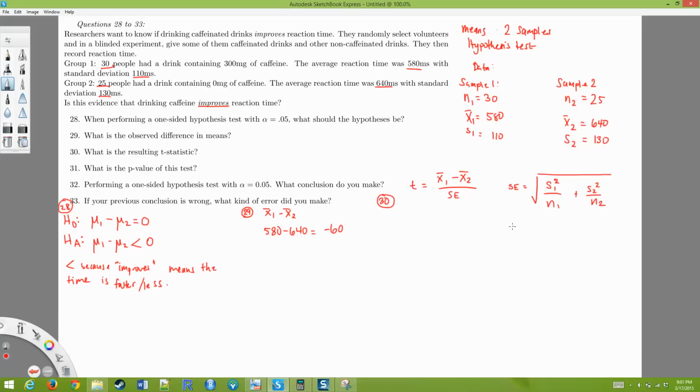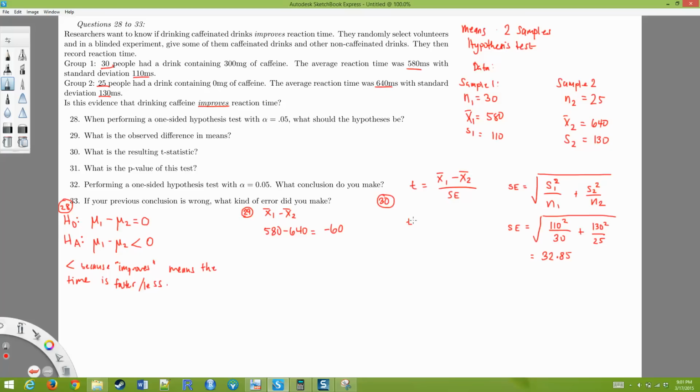So when we punch in these numbers for the standard error, we have 110 squared over 30 plus 130 squared over 25. And I take the square root of everything, and I get 32.85.